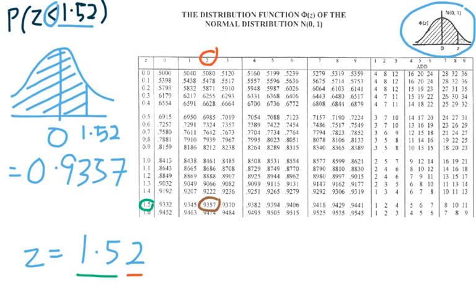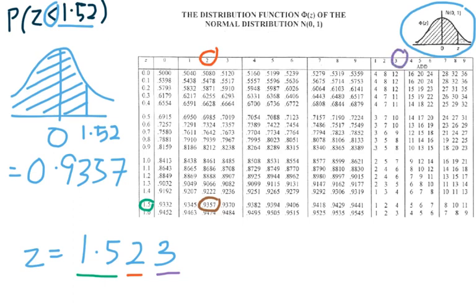Alright. Let's say we have the probability of Z less than 1.523. So I add one more digit, 1.523. We have the third decimal. The third decimal, we know, we need to look into the first row in the add column. So the first row in the add column, number 3, is here.